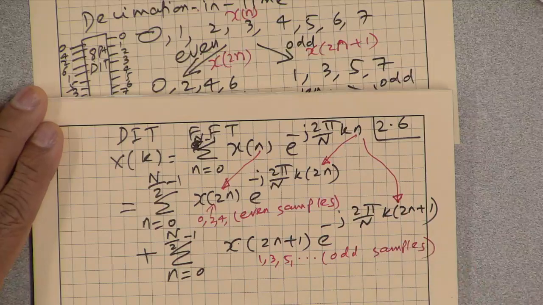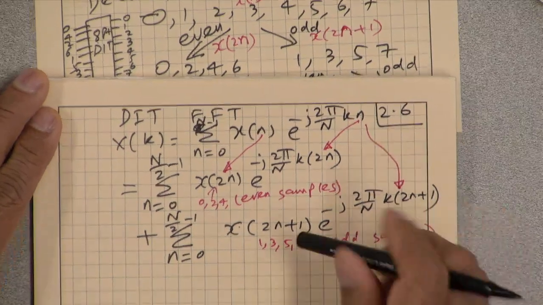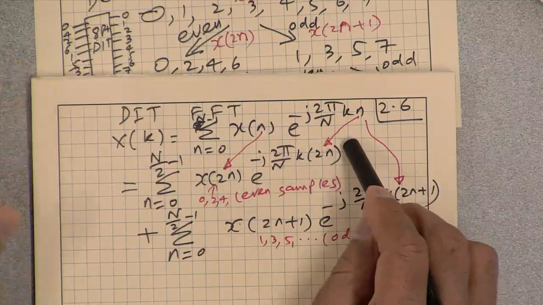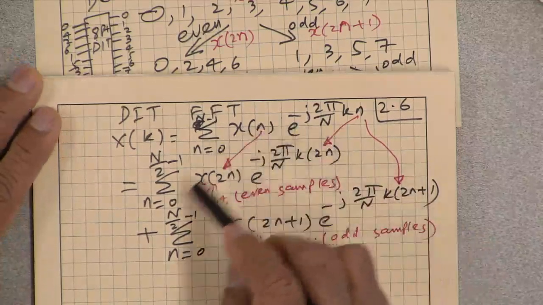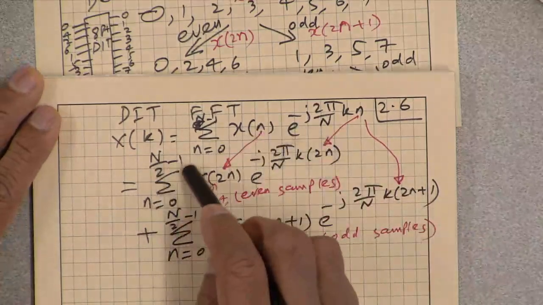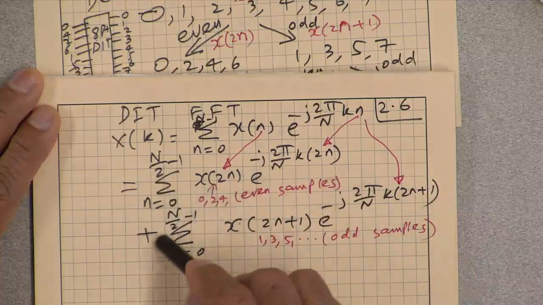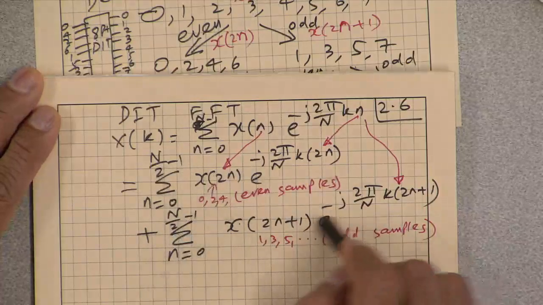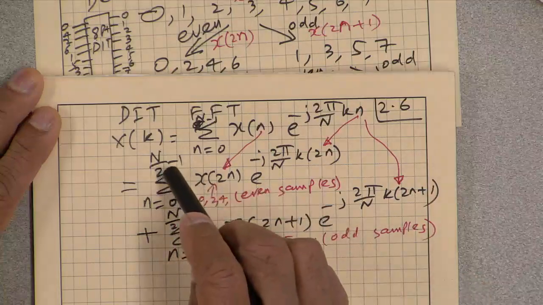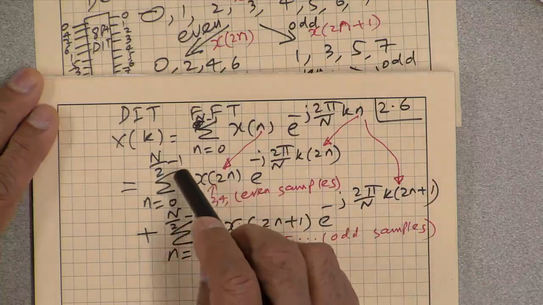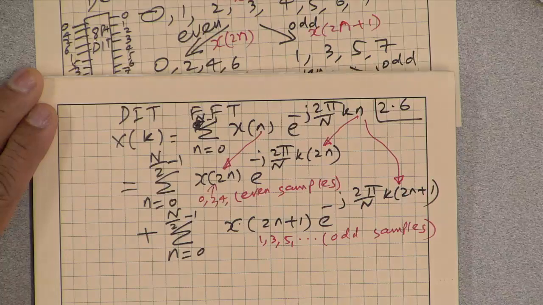Okay, if you look at the index of the sum, if I had 100 quantities to add, the summing index now will have 50 quantities to add in the even part, 50 quantities to add in the odd part. So the sum now, instead of 0 to N minus 1, is 0 to N by 2 minus 1.